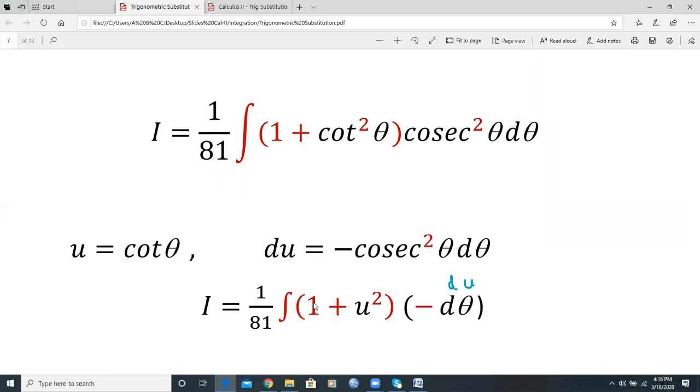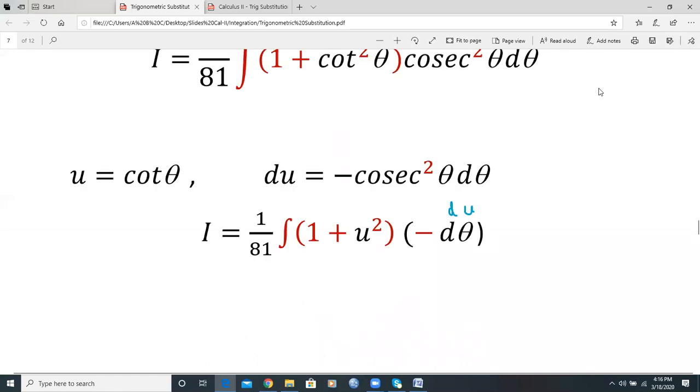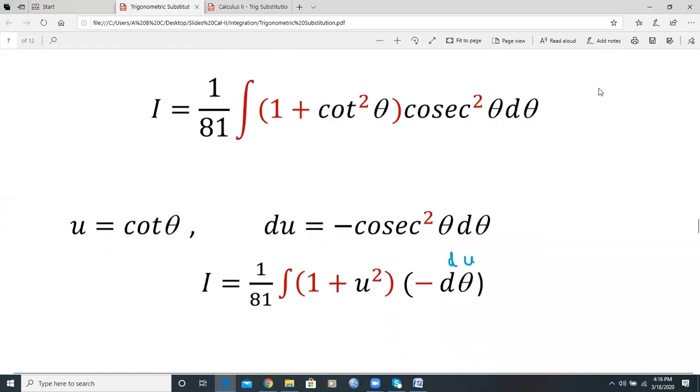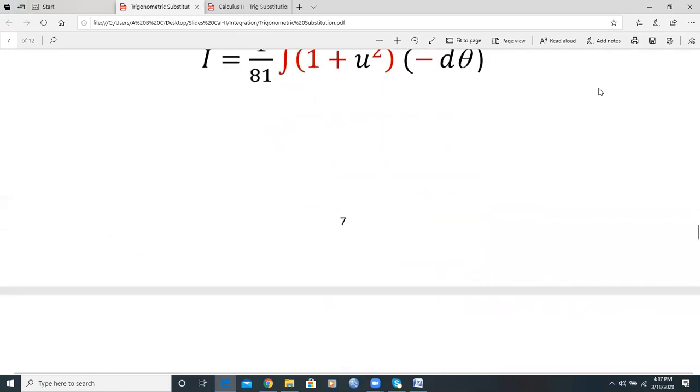Okay, so now this is an algebraic function. We know how to determine the integral of 1 plus u square. The integral of 1 is u. The integral of u square is u cube over 3. Be really careful. So here I have written the integral of 1 plus u square.